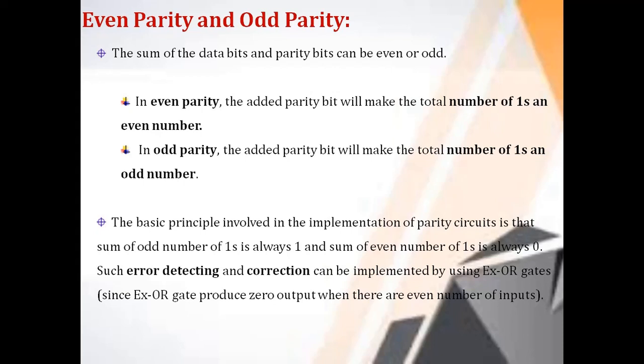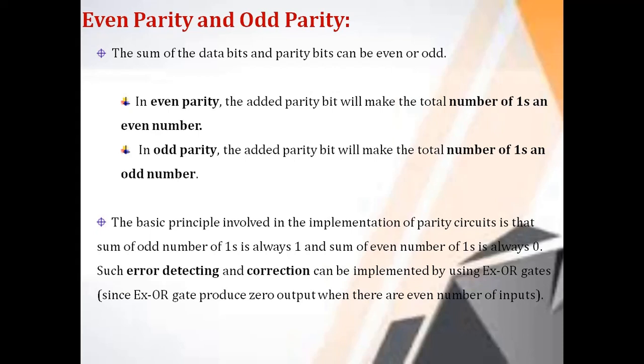In even parity, when you send a message to your receiver, the added parity bit will make the number of ones in your original data an even number.